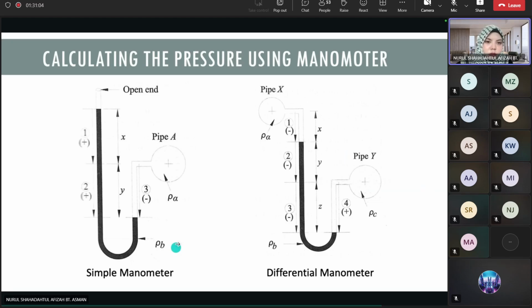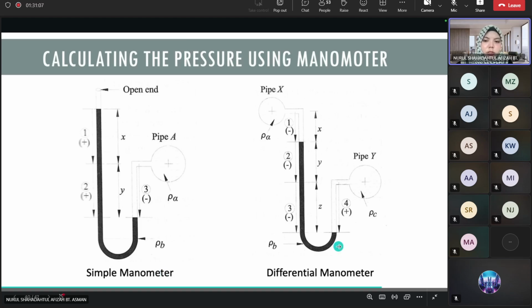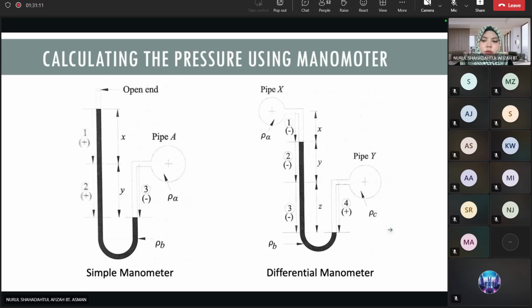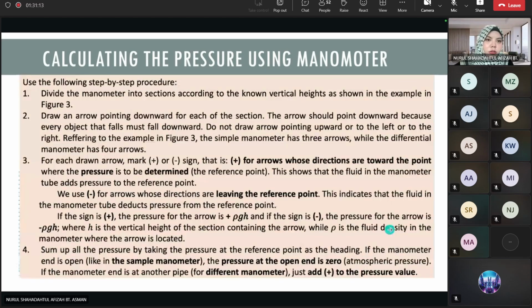So this is an example of a simple manometer and then a differential manometer. I think you can try to read this one. The bottom section, you can try to do during your tutorial and example later. So what can be summarized from here?